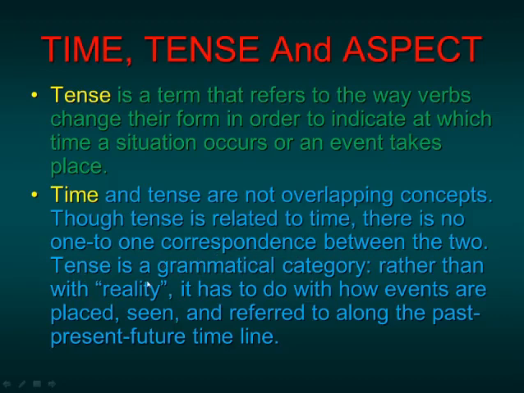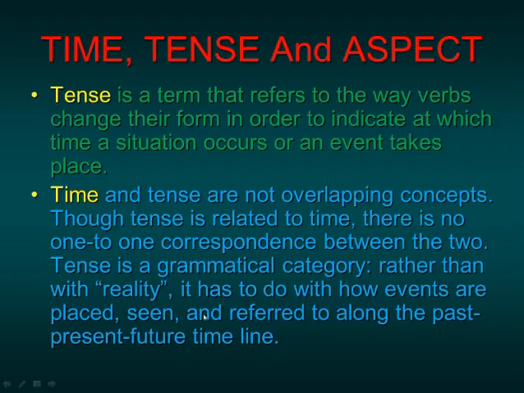Tense is a grammatical category rather than something to do with reality. It has to do with how events are placed, seen and referred to along the past, present, future timeline. So in order to indicate tense, we use three categories: past, present and future.